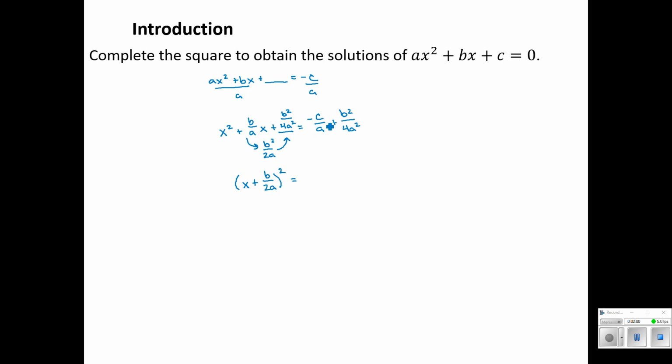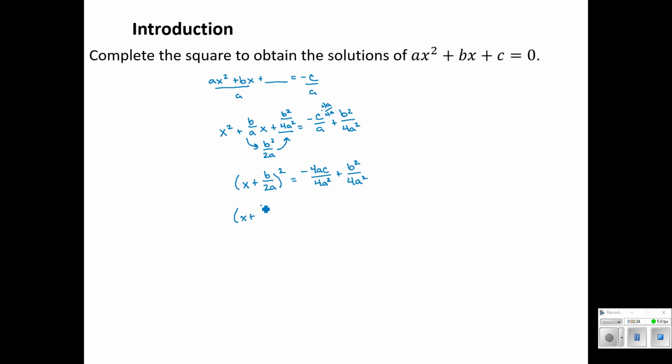all I would need to do is get a common denominator. So this negative c over a, I need to multiply that by 4a over 4a. Then I get negative 4ac all over 4a squared plus b squared over 4a squared. It's a little bit trickier working with only variables, but we still have the same concepts to work with.